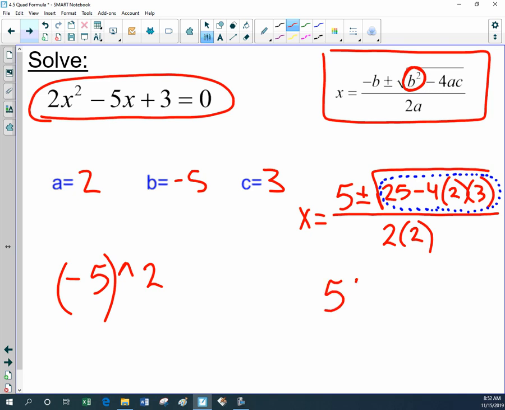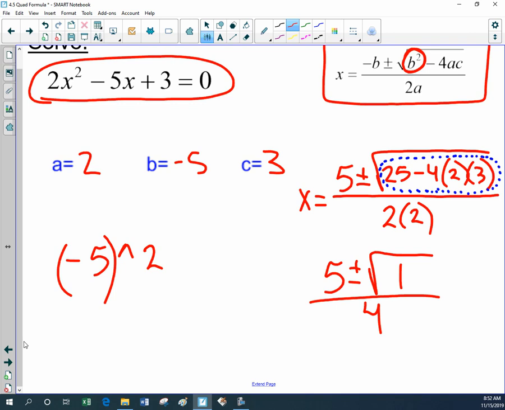So we'll have 5 plus or minus the square root of whatever that number is divided by 4. So what are we getting here for 25 minus 4 times 2 times 3? 1. Okay, good. So we have 5 plus or minus the square root of 1 divided by 4.